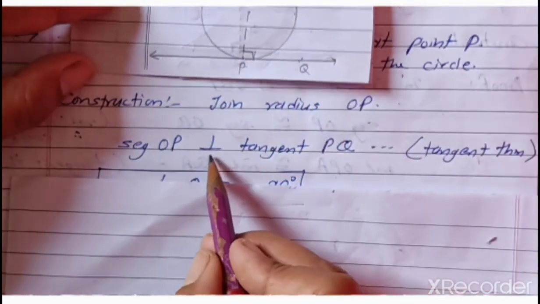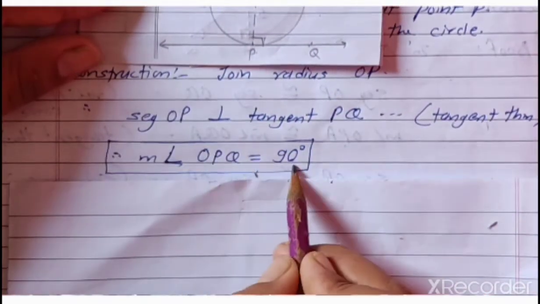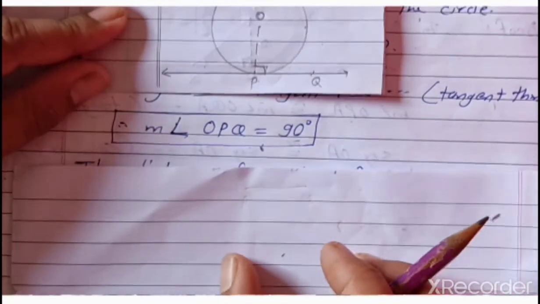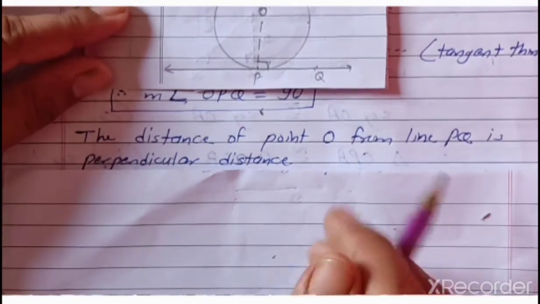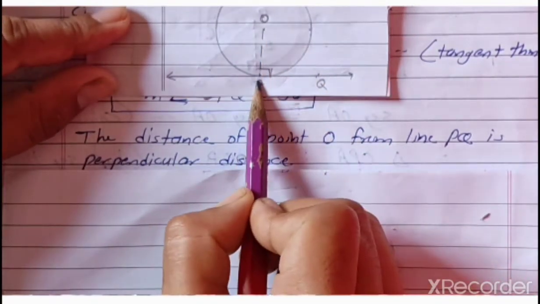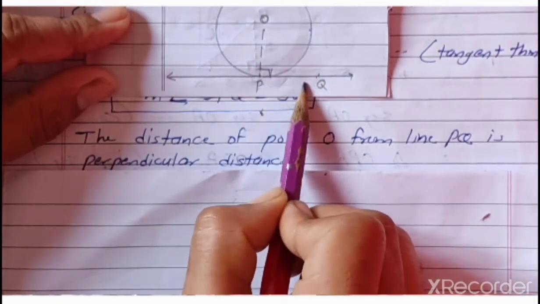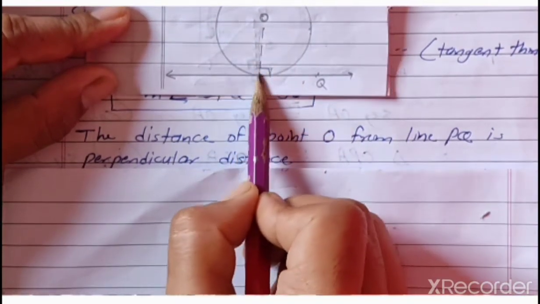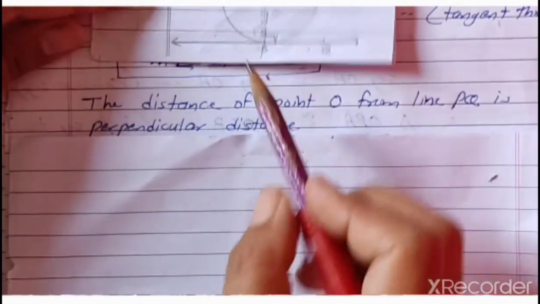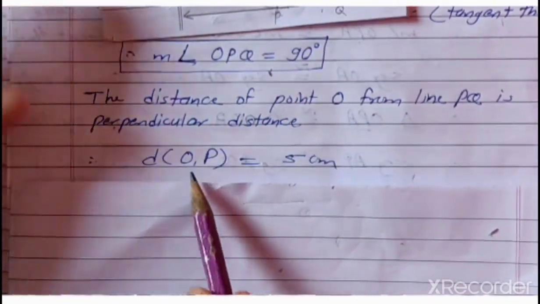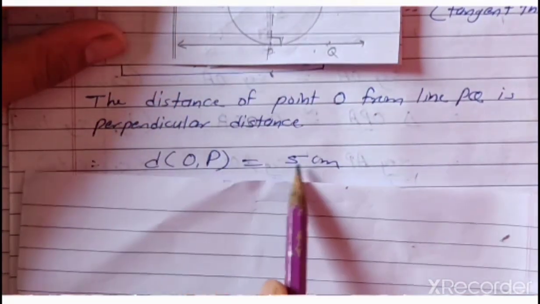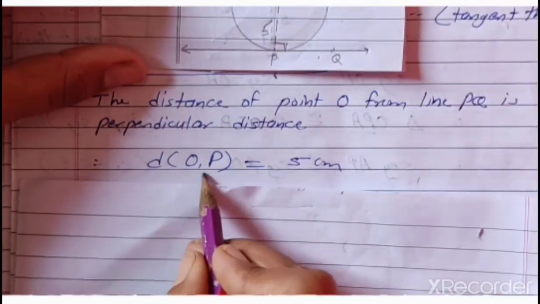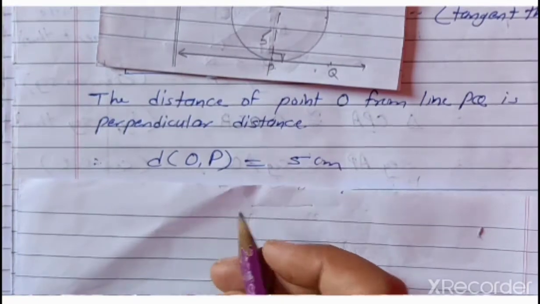Therefore, if it is perpendicular, its measure is 90 degrees. Let's solve the next one. The distance of O from tangent at P is nothing but the perpendicular distance, which means the distance OP, and it is given. The perpendicular distance is 5 centimeter because the radius is given 5 centimeter. Therefore this distance OP is equal to 5 centimeter.